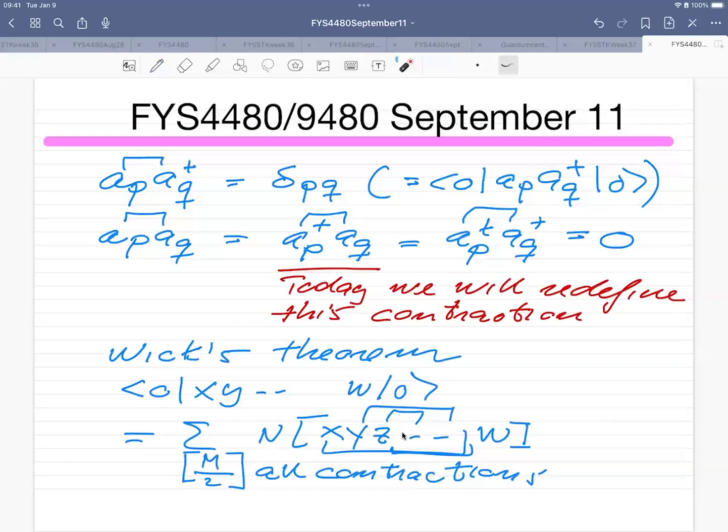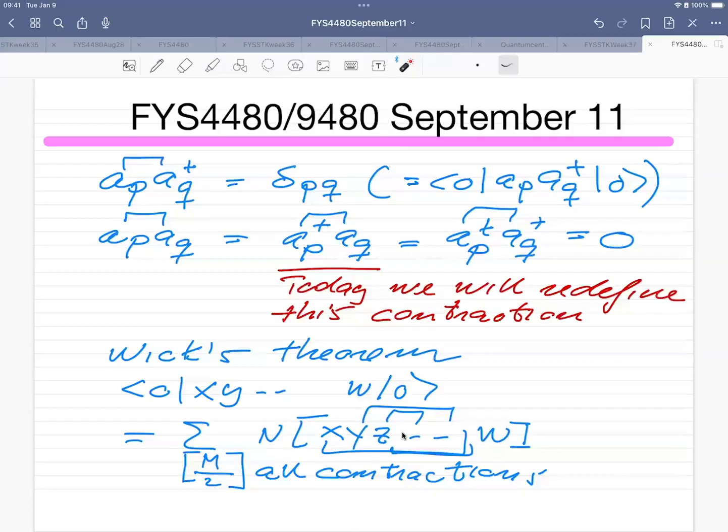All possible contractions between pairs of operators. So it's a little bit sloppy notation, but it's a compact way of simply indicating all possible contractions, and I'm going to show you some of them. So I'm just setting this up as a generic.